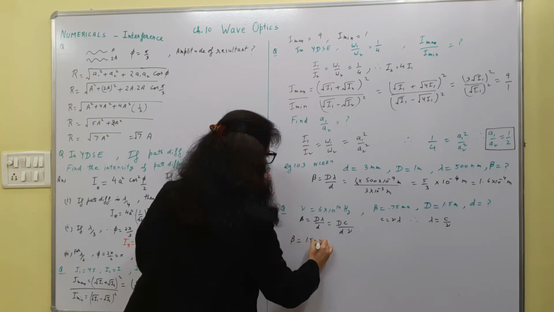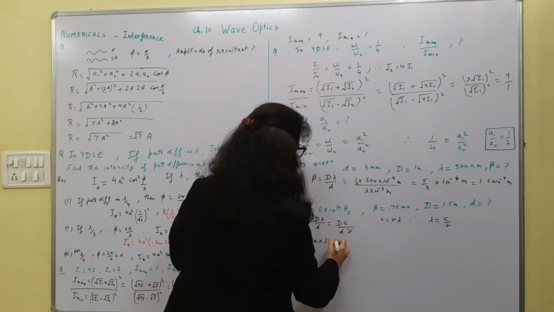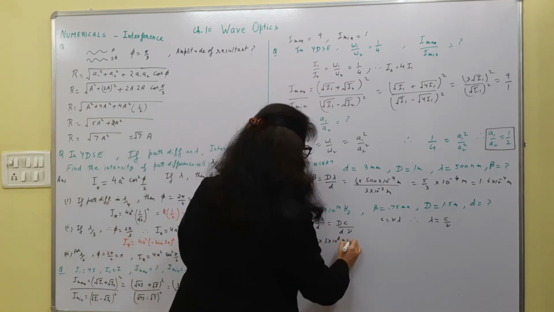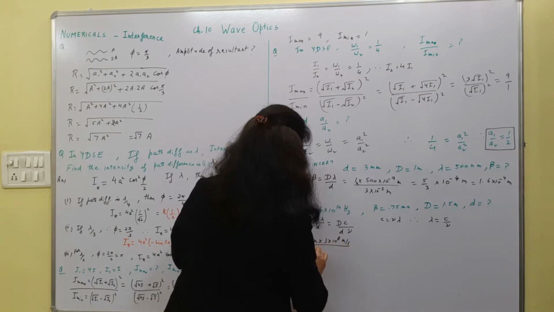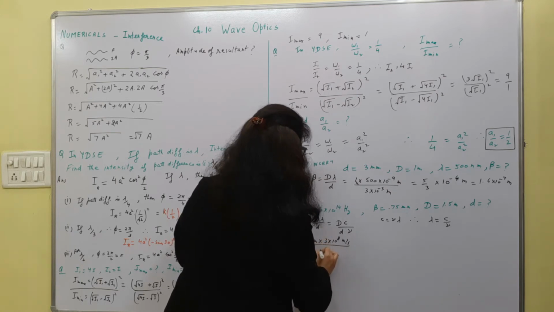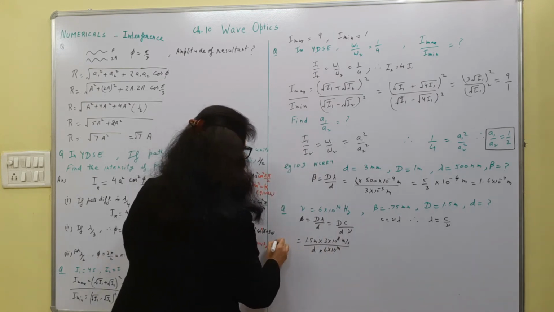1.5 meter into lambda is not given, so C is 3 into 10 to the power 8 meter per second upon d, that is small d we have to calculate, and frequency is 6 into 10 to the power 14, and this is equal to fringe width, that is 0.75 into 10 to the power minus 3.